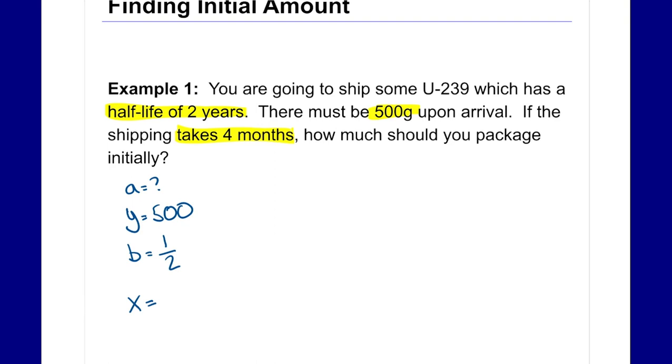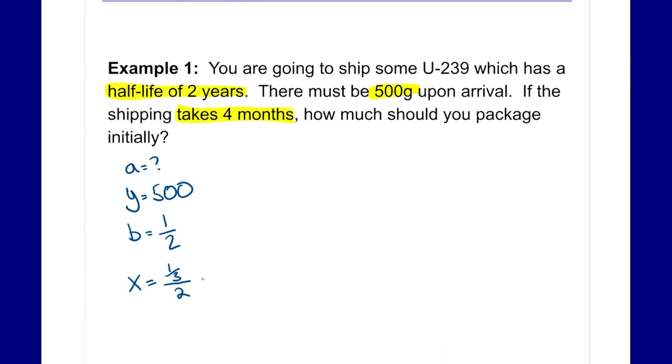The X value is our total time divided by the length of one growth or decay period. Sorry, not the number of compounding periods. In this case, a decay period is 2 years. The time is 4 months, and 4 months is basically 1/3 of a year.